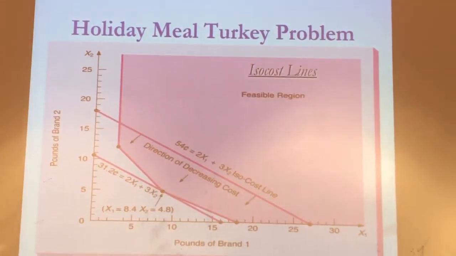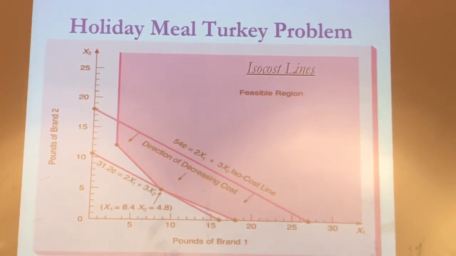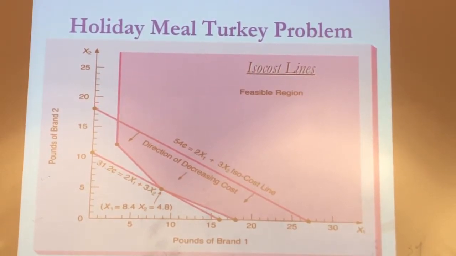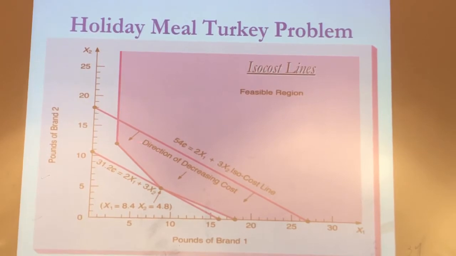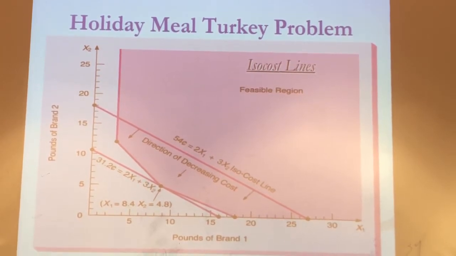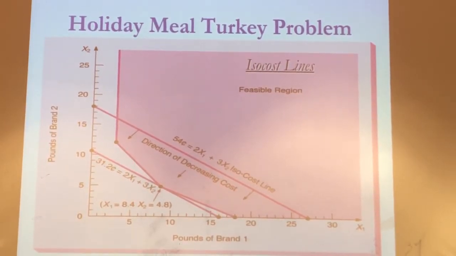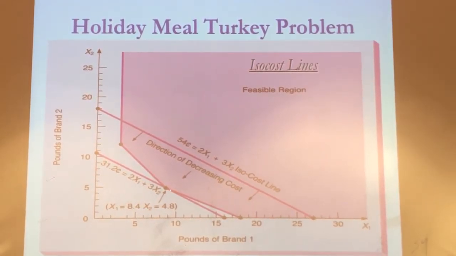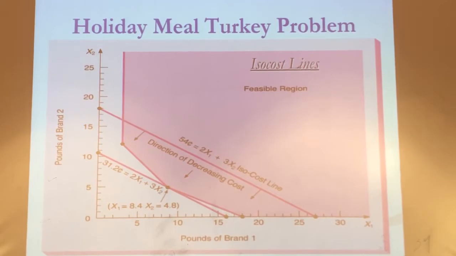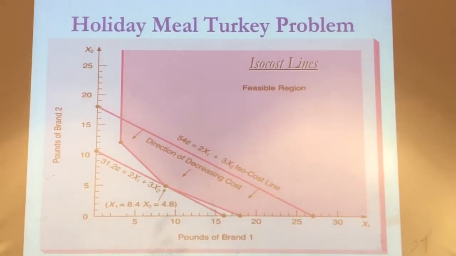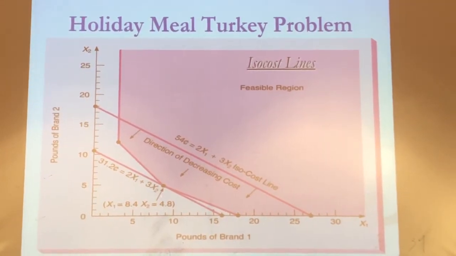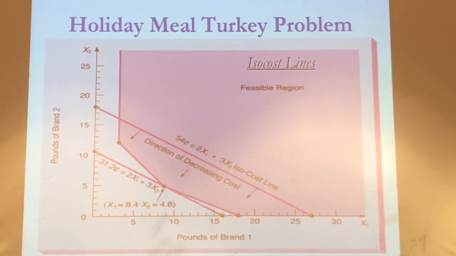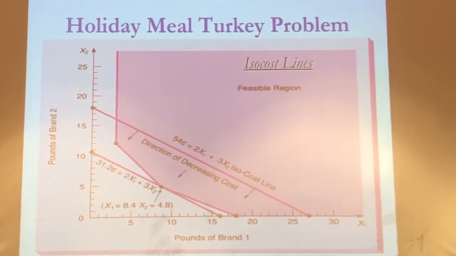This is point B here, and this is the isocost line drawn, and if you move towards the origin, the last point hit, this parallel line, the last point hit is this point. X1 is equal to 8.4 and X2 is equal to 4.8. This is your optimal.